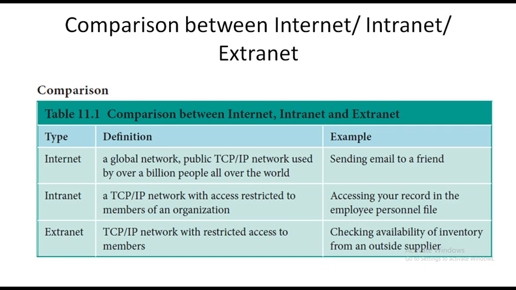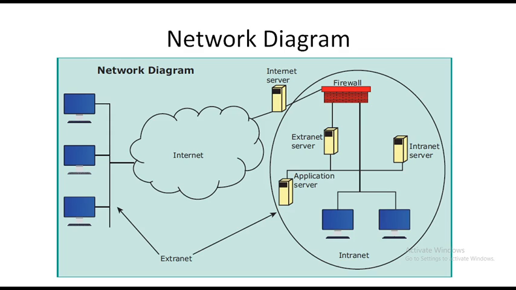Next one is extranet, and it is also interlinked with the help of TCP/IP network, and it also gives some restriction to some people. Only the restricted members can access the data. That is what extranet is.